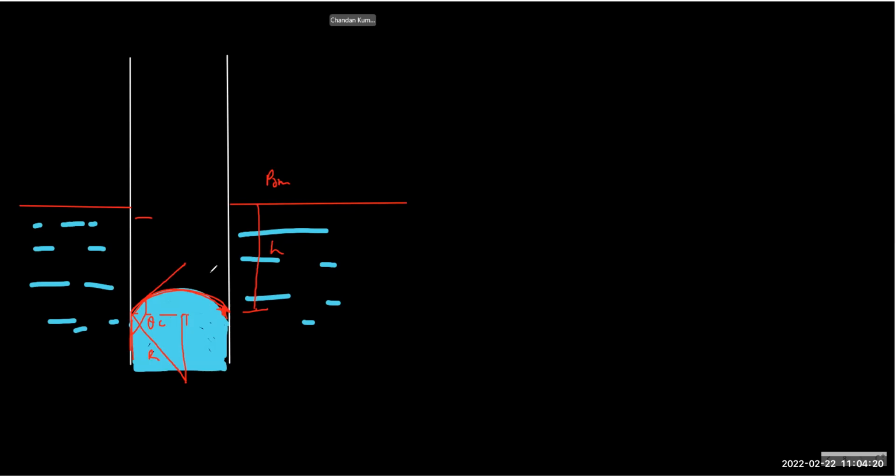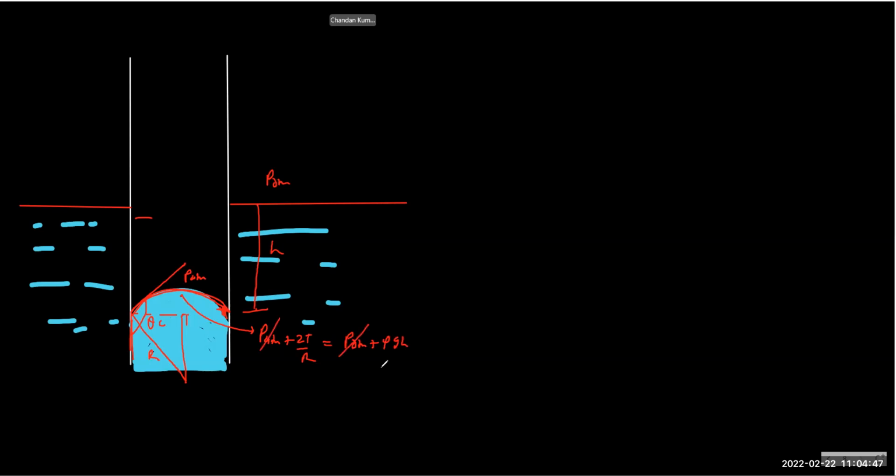So now, which side is the convex side, concave side? This is P atm, so this is open, and this pressure is the extra pressure, which is P atm plus 2T by R. And this P atm plus 2T by R is exactly equal to P atm plus rho gh.